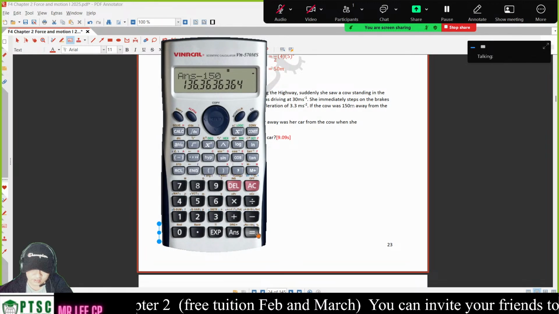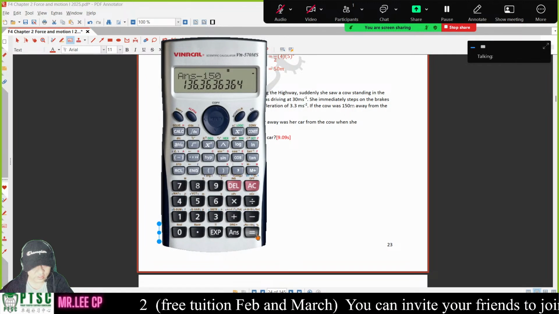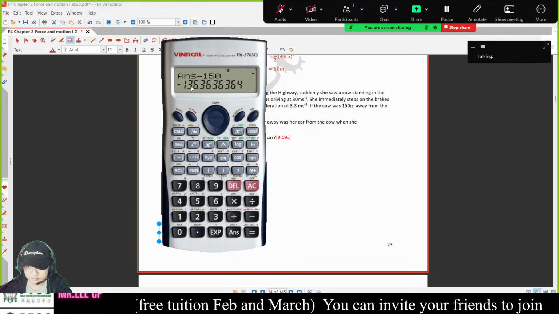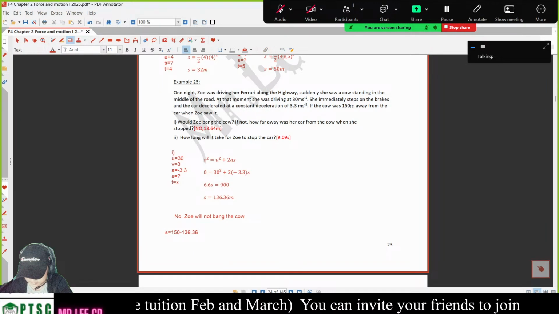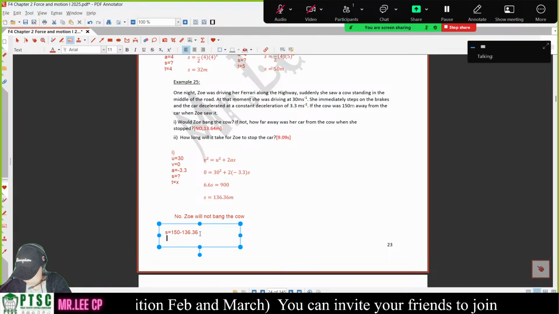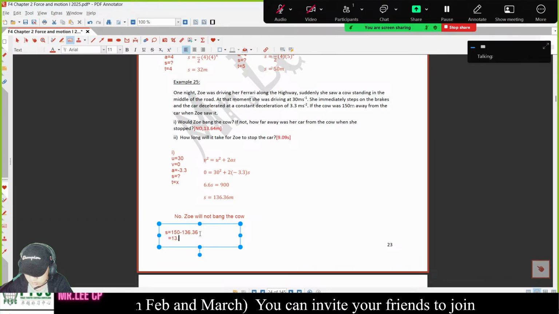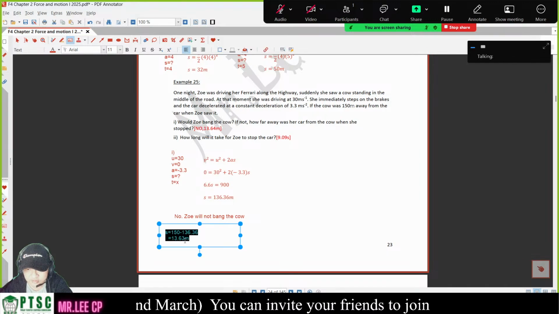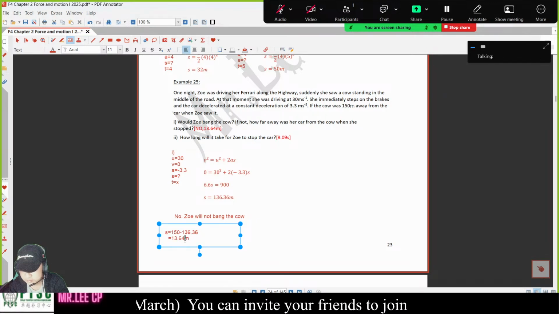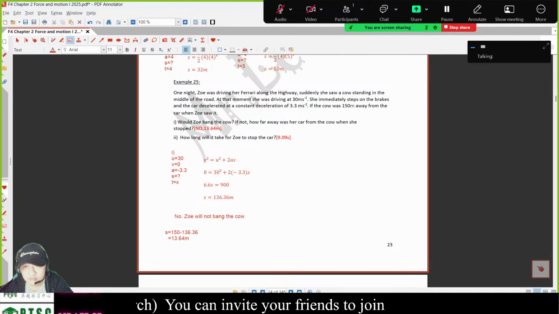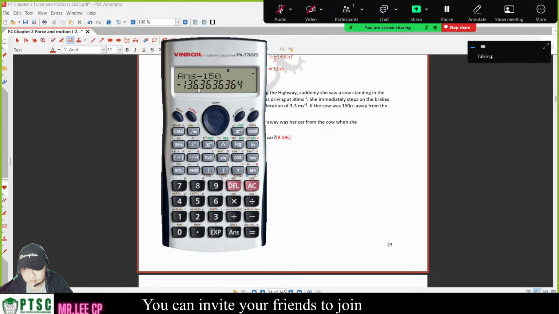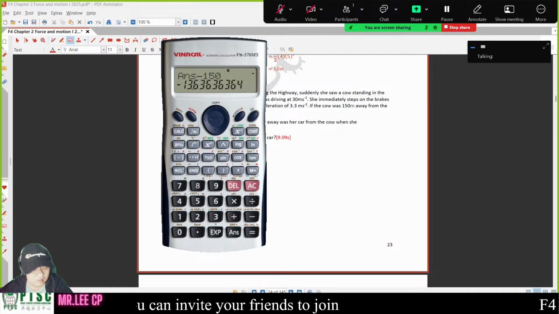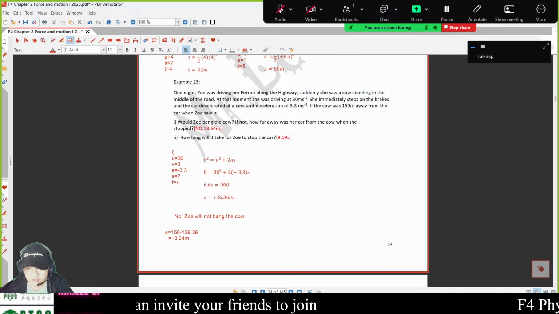Yeah lah, I know you will get a negative answer, but never mind, leave it as positive. So 13.63 unit meter. Sorry, 13.64 because I need to round off. Okay, 13.64 unit meter.